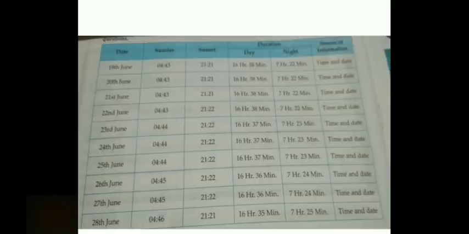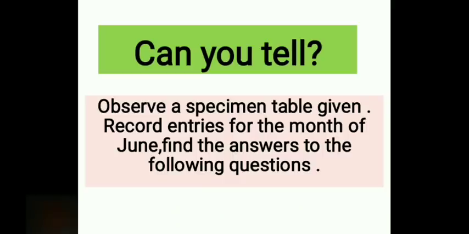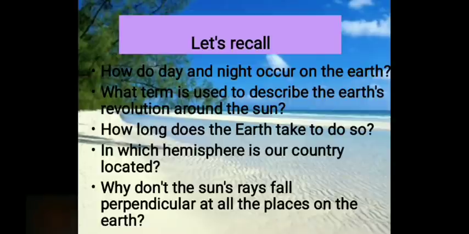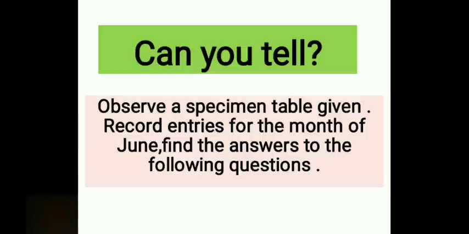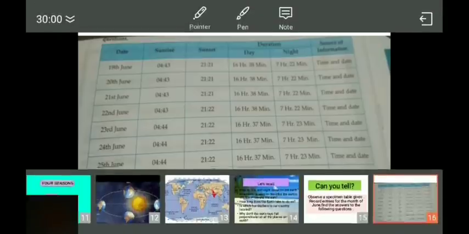Refer to the table above and state which are the longest days. Can you see which are the longest days? See the duration of 19th June: 16 hours 38 minutes.